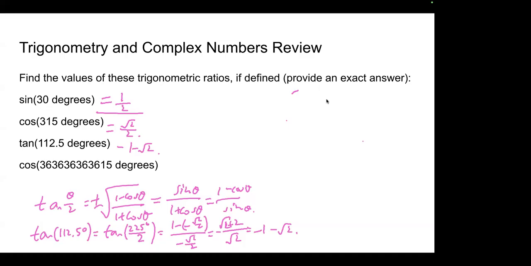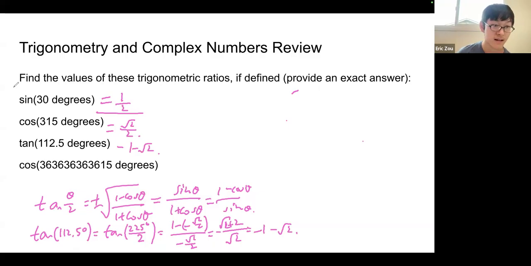I got root 6 plus root 2 divided by 4, but I'm not sure if it's correct. Yeah, this is correct. Very good.